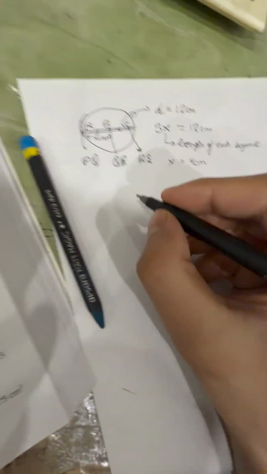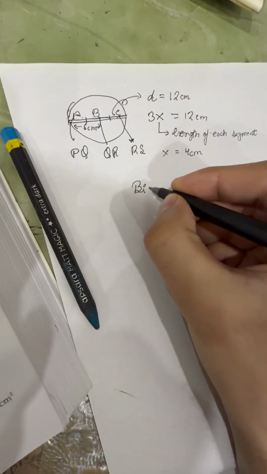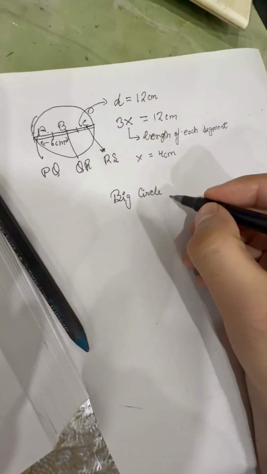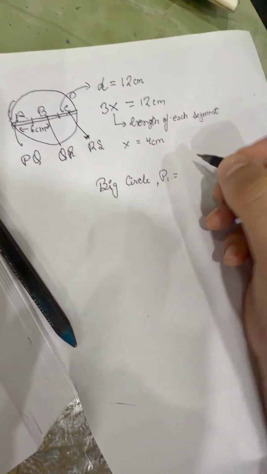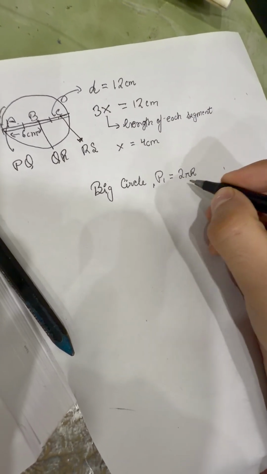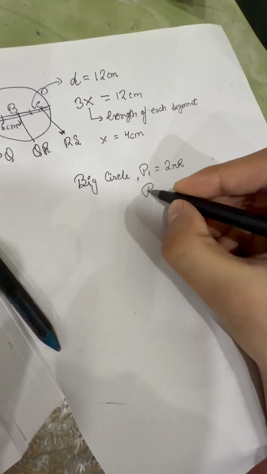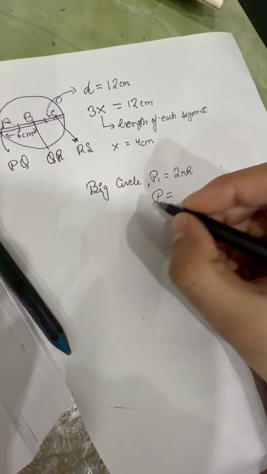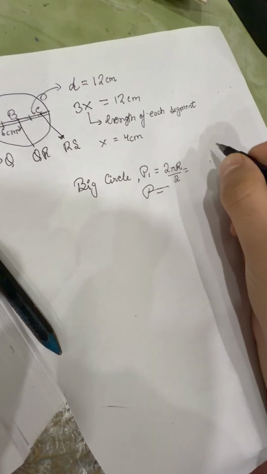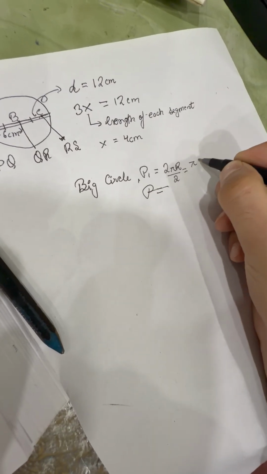What will be the perimeter of the big circle? Let's say P1 equals 2 pi r, but we only want half, so we will divide it by 2. Then we will get pi r.